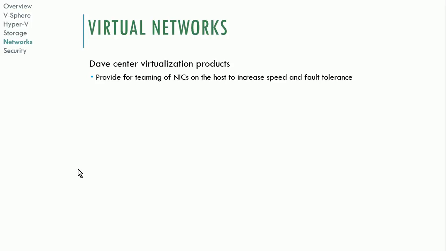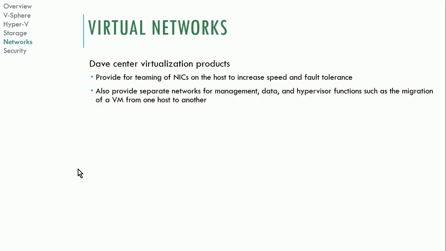But some data center virtualization products provide for teaming of network interface cards to increase the speed and fault tolerance of your network interfaces. So you have this one huge host hosting many virtual machines. All of a sudden, fault tolerance and performance for the network interface card becomes really important because you're sharing that network interface card amongst many virtual machines.